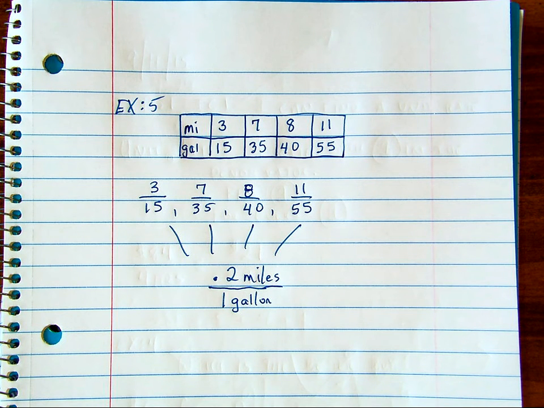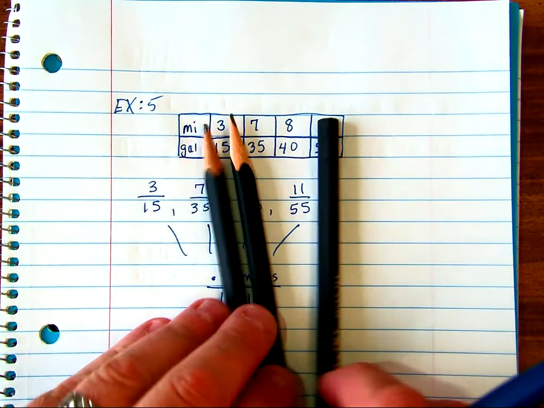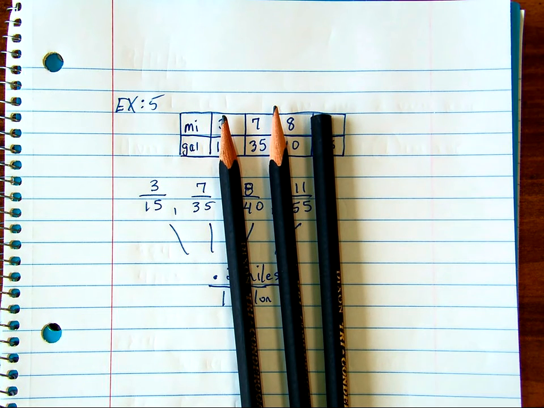Anytime the numerator is smaller than the denominator, your answer is going to be a decimal. Does everybody understand that? Because I don't think you do. So if you would look up here for a second. How many pencils do I have? 3.